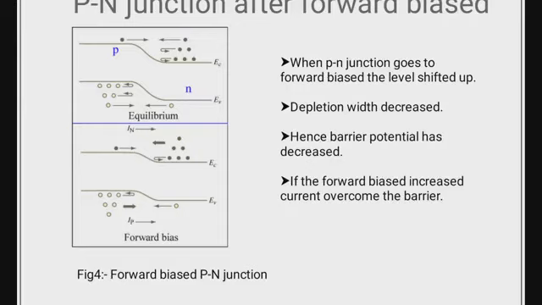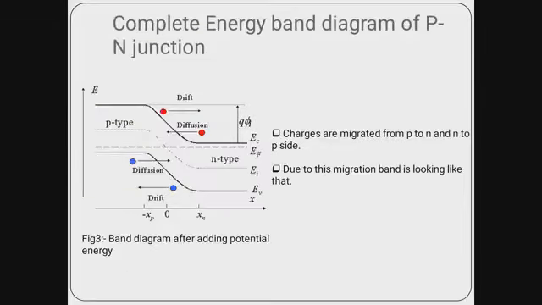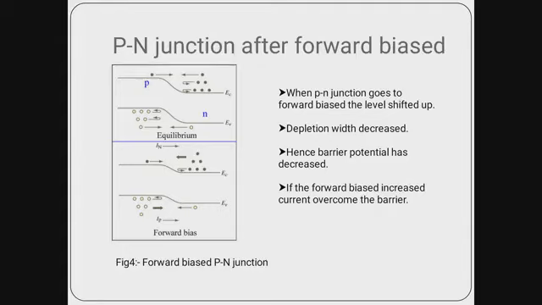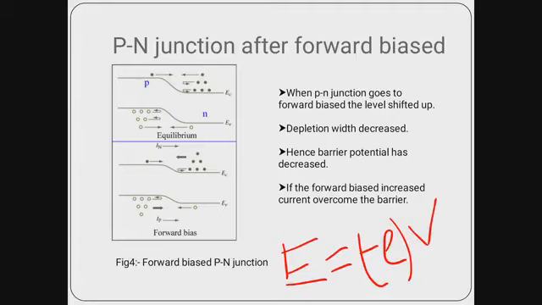Because, as I told in the earlier slide, the potential energy E is equal to minus E into V: the charge of electrons, negative particles, and V the applied potential across the terminals.